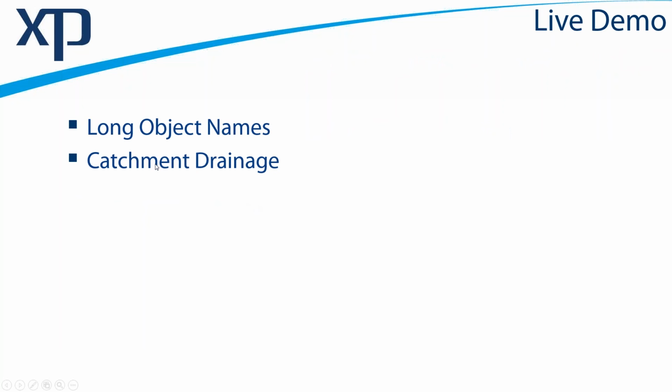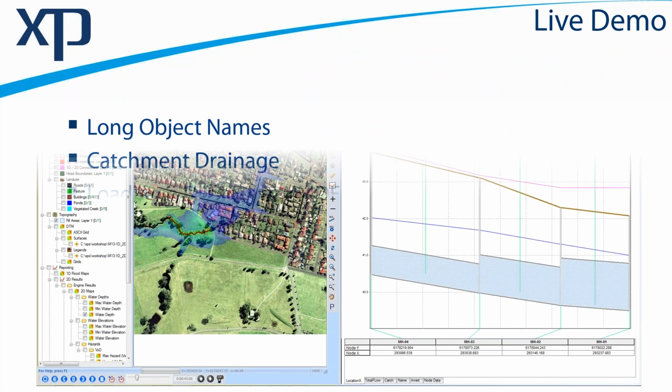All right, I have a little bit of a live demo where I wanted to talk about the long object names and maybe just demonstrate that for you. For the catchment drainage, perhaps I can link a few catchments using some of the rules, and then I'll look at loading an XMDF results file, a difference file, for the 2D model.